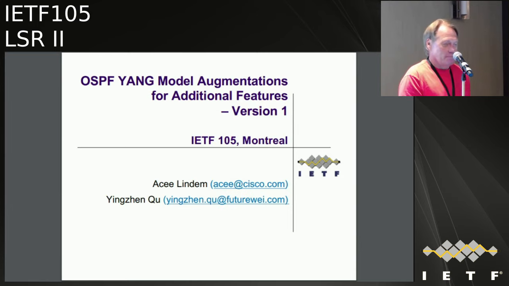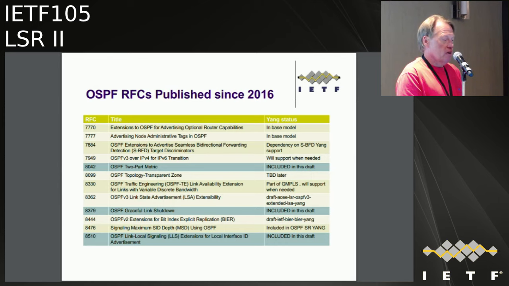But yeah. Okay, the last one. One comment: when we were doing the base model, it was a moving target for both OSPF and ISIS, and Yingzhen is working on an ISIS equivalent of this too, where we were missing features. So we looked at the RFCs that have been done lately, and we started this draft. We'll probably add more to this, but right now, here's an analysis of the ones that we have.